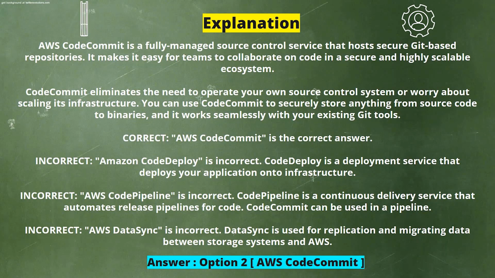Code Deploy is a deployment service that deploys your application onto infrastructure. Incorrect. AWS Code Pipeline is incorrect. Code Pipeline is a continuous delivery service that automates release pipelines for code. Code Commit can be used in a pipeline. Incorrect. AWS Data Sync is incorrect. Data Sync is used for replication and migrating data between storage systems and AWS.